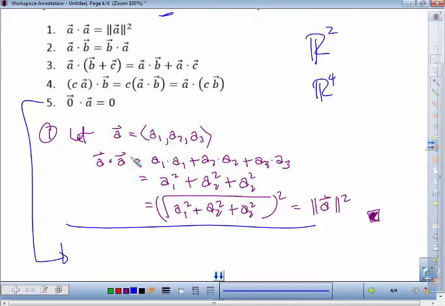So the one that has an arrow on top is a big deal, because whenever you have an arrow on top, that's represented as a vector. So because that's a vector, the zero vector is actually a vector depending on where you live. In this case, we live in R3 right now. That vector will have three zeros in the three components.